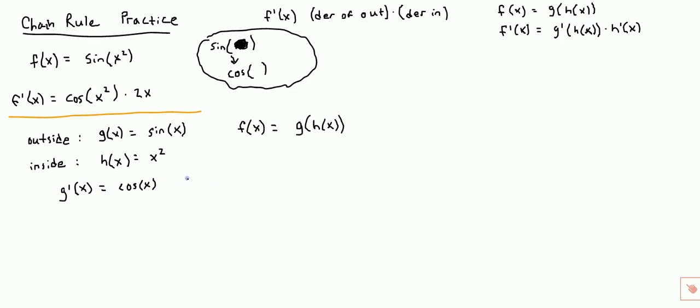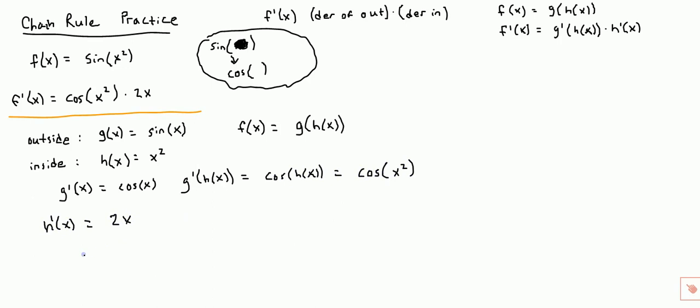So g prime of h of x is cosine of h of x, which is cosine of x squared, right? H of x is x squared. Okay? And we need h prime of x. That's just 2x, right?